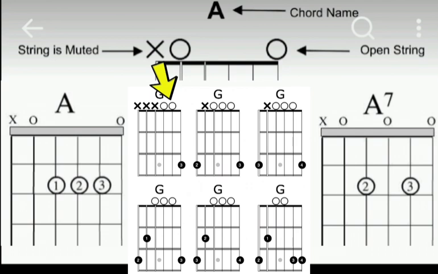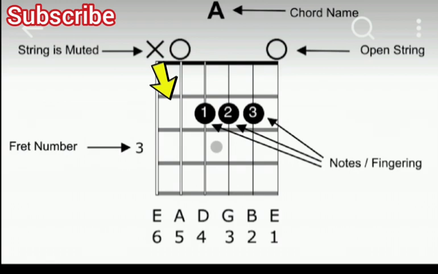This X means we don't touch the strings. We are not touching it and we are not playing it. But the O or the 0 sign simply means although we are not touching it, we are going to play it. So that is simply the difference.